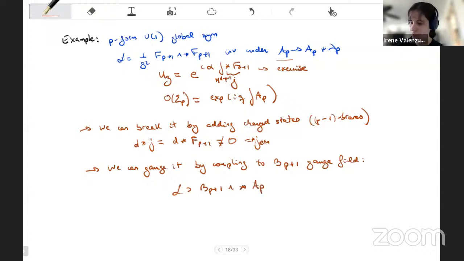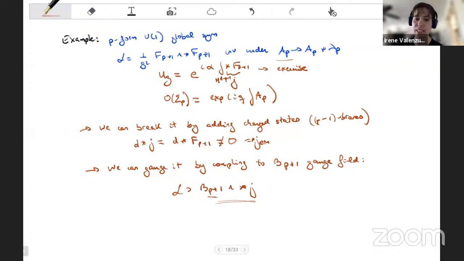Sorry, let me put the current. This happens whenever we have BF terms or Chern-Simons couplings in string theory. All the Chern-Simons couplings that we get are always gauging and actually breaking the symmetry of the other one. So the Chern-Simons terms are taking care of breaking these symmetries.